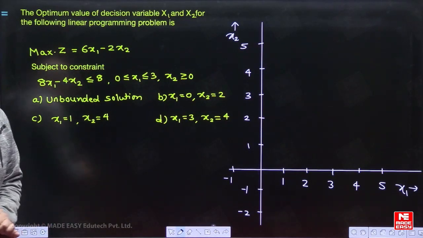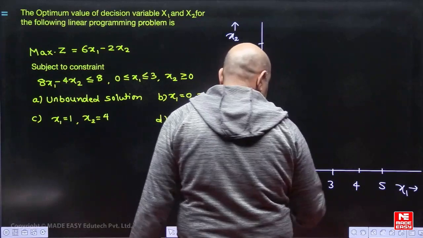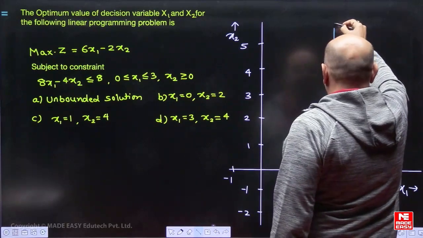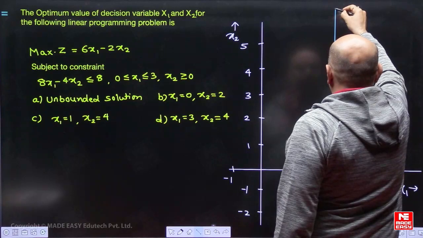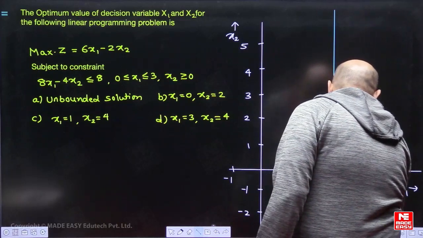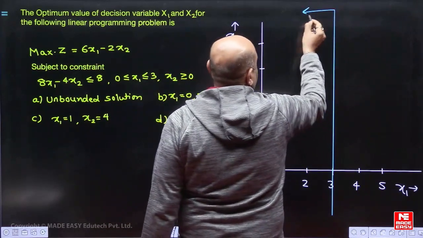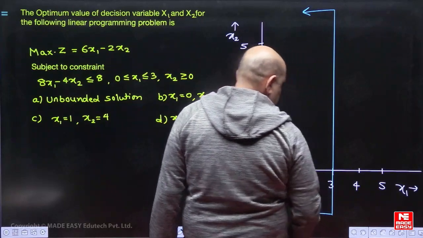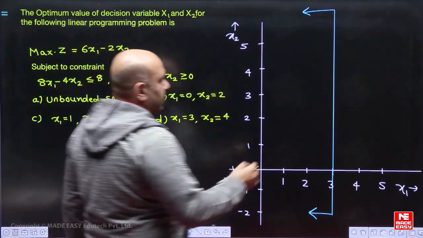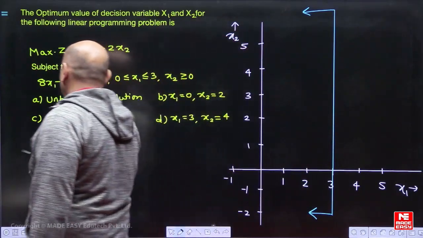No, see, first of all, the constraint x1 less than equals to 3. So this will be the line 3. Next one will be less than equals to 3. Then x2 greater than equals to 0.